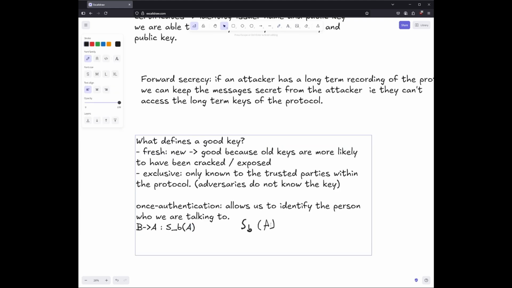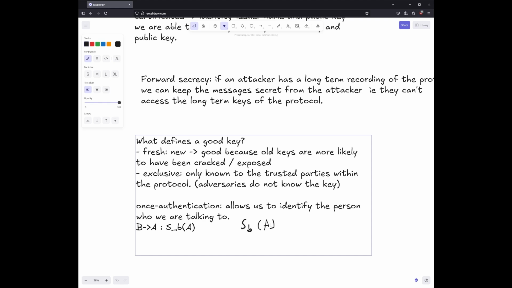So we sign the message in order to show that A actually knows that it's going to be B, because A can decrypt the message using the public key.